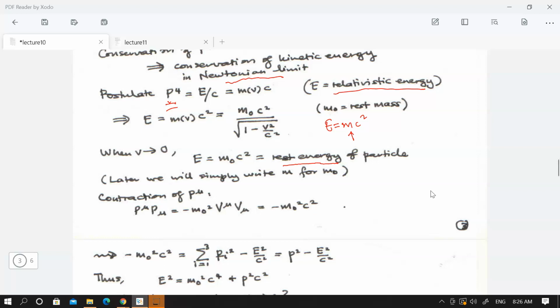It only comes from the point of view of relativistic mechanics. The other thing one also has is the contraction of your P mu. Earlier we had V mu V mu equals minus c squared, which is what we call a Lorentz scalar. A Lorentz scalar doesn't change when you change reference frames.